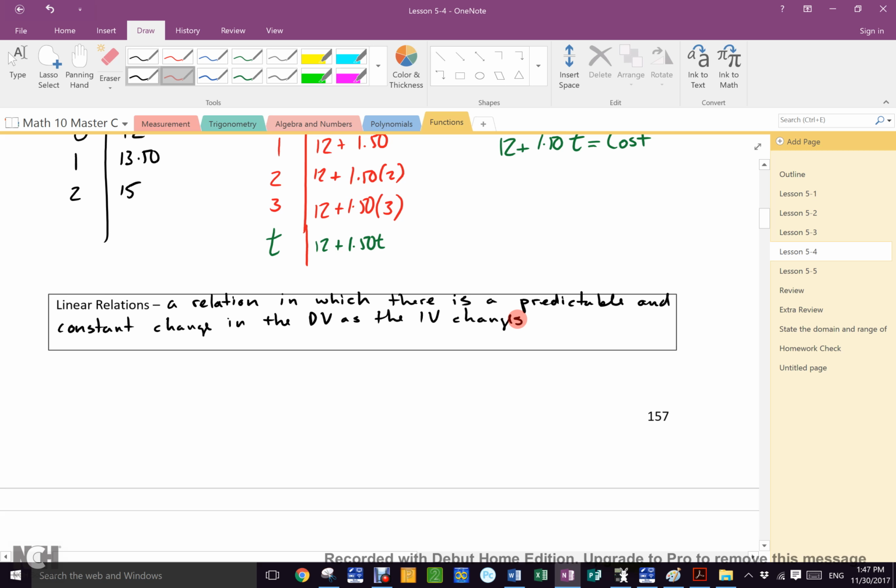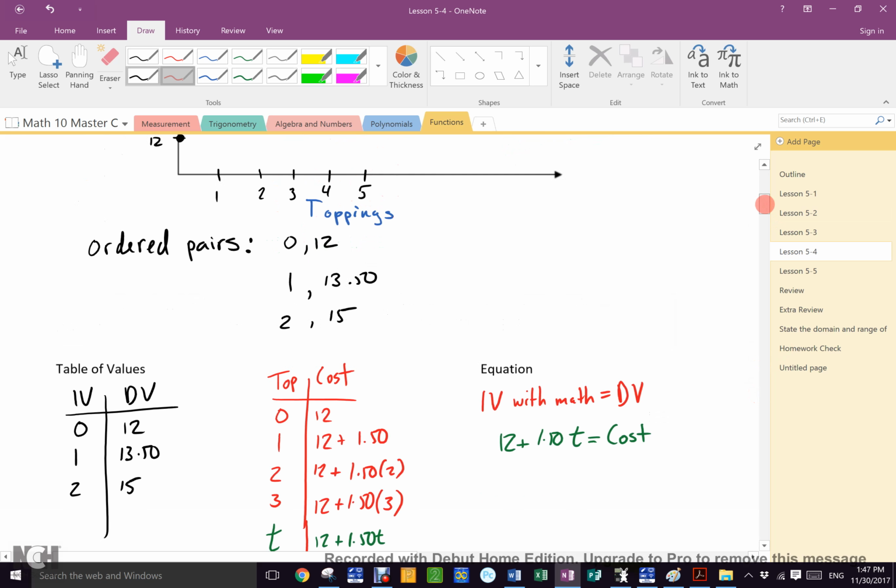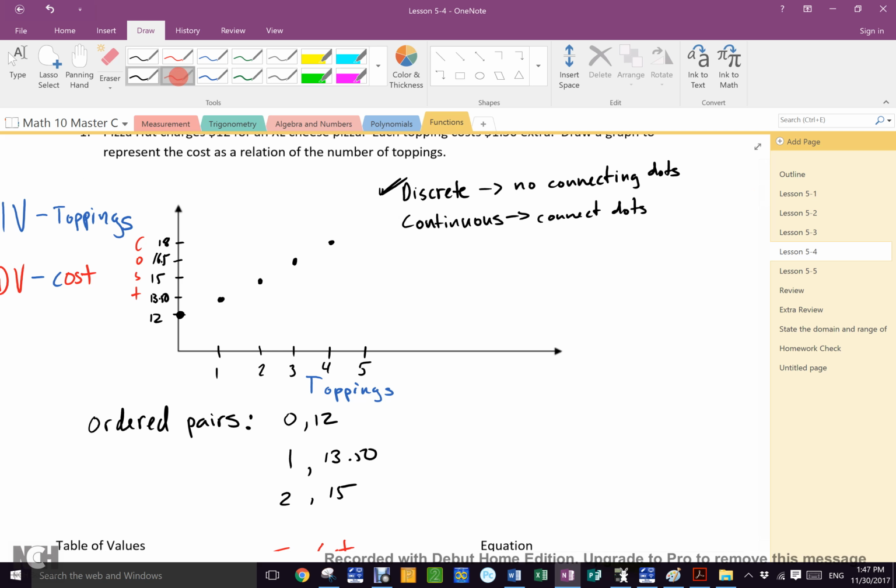Okay, now that doesn't make a lot of sense in words, but as soon as you see it in a picture, it's going to make perfect sense. Everybody cool? All right, so don't bother drawing what I'm about to draw. Let's go back up to our graph. As my IV changes, what's the change there? +1.